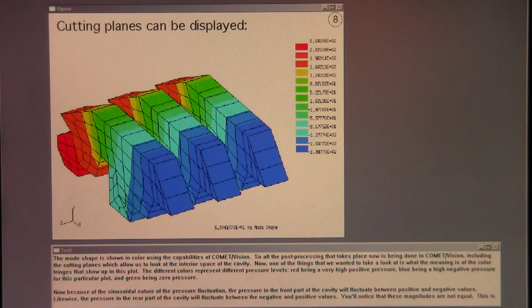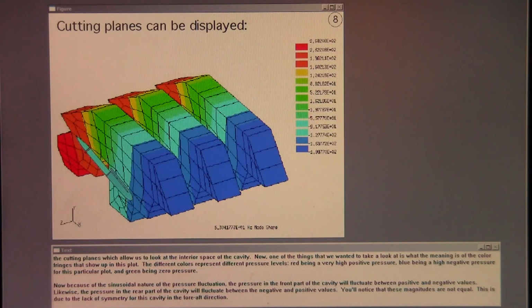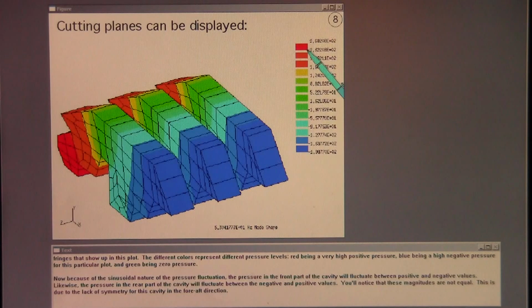Now, one of the things that we want to take a look at is what the meaning is of the color fringes that show up in this plot. The different colors represent different pressure levels. Red being a very high positive pressure, blue being a high negative pressure for this particular plot, and green being 0 pressure.